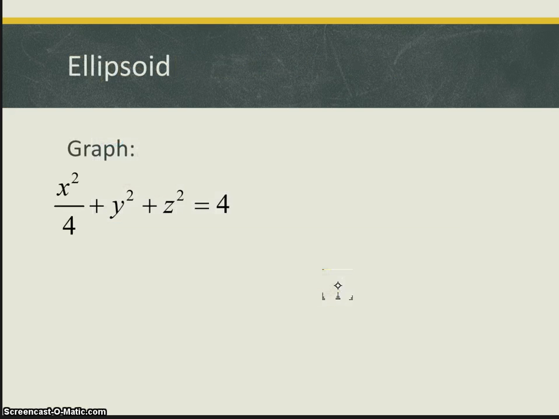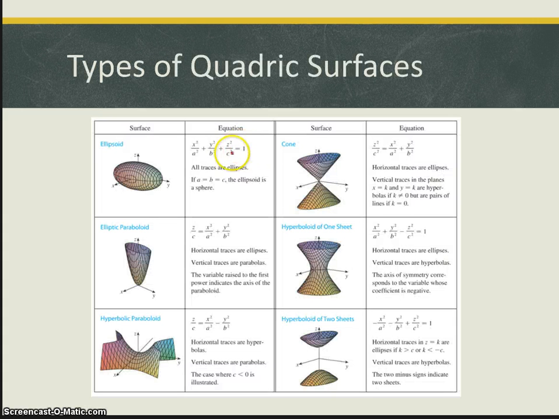So let's take a look at this first equation. This is going to be an ellipsoid. And how do I know this? I know this because I have an x squared term plus a y squared term plus a z squared term equals 4. Now, if I look at that formula there, we notice that that right-hand side should be a 1.